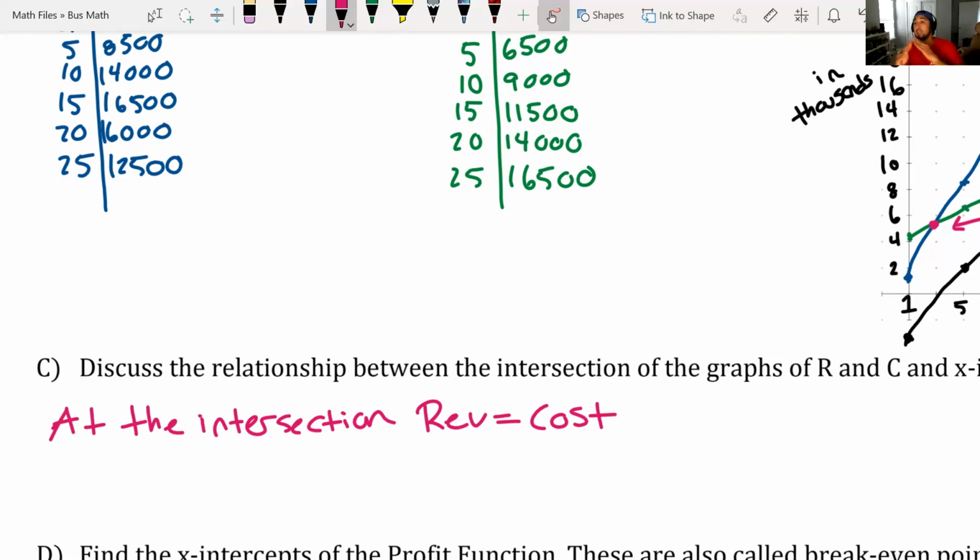This means we have broke even. This means that profit must be zero because we have broke even, right? We have come out of the negatives. So at the intersection, revenue is equal to cost and profit, or the y-value at the x-intercept of the profit, must be zero.